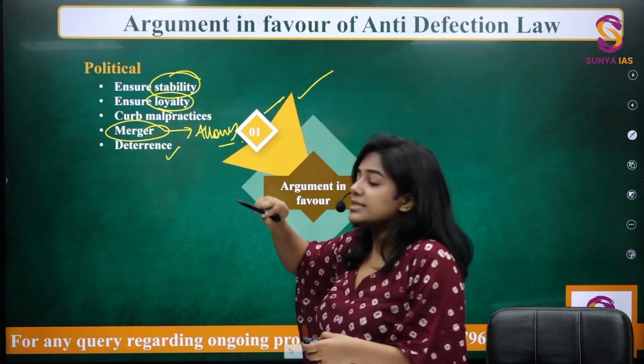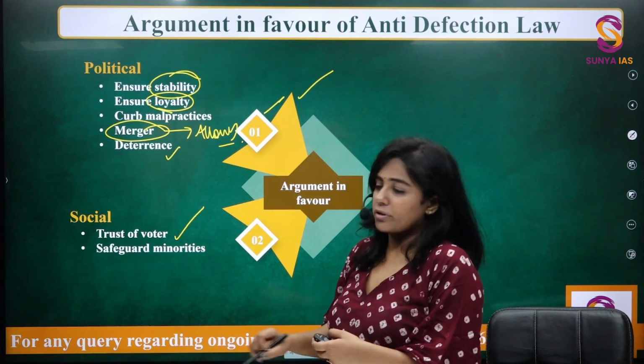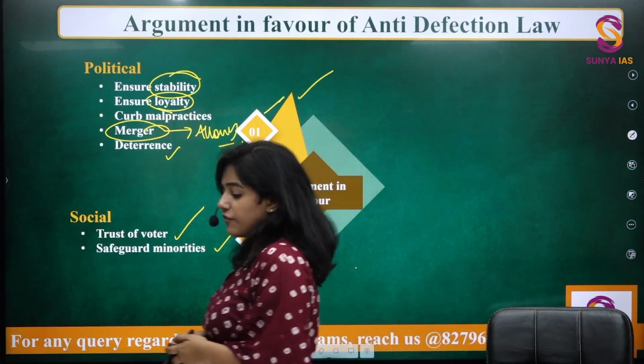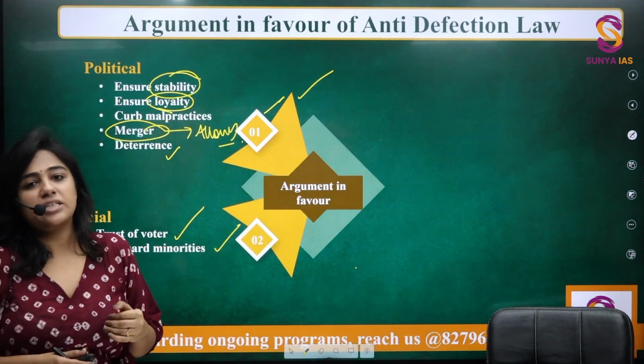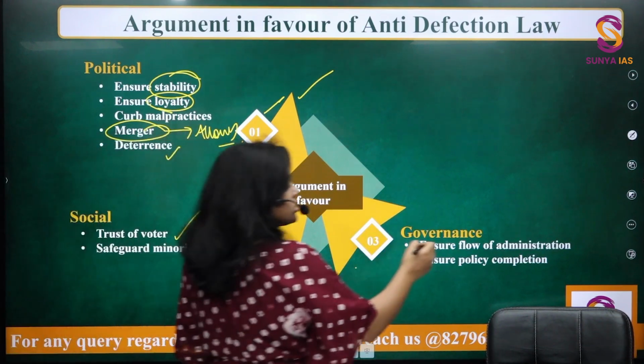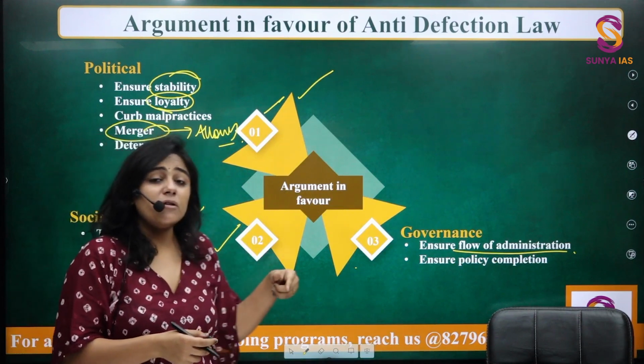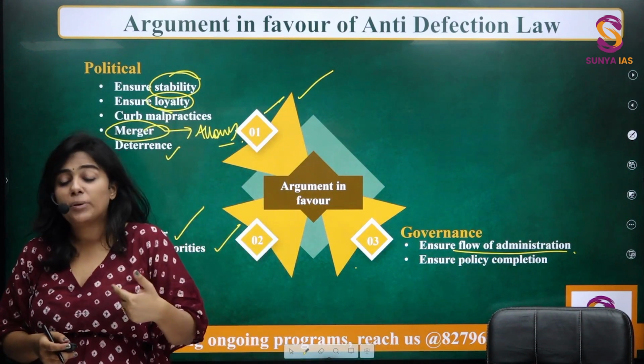Then it also creates a deterrence. It maintains the trust of the voter. It maintains the fact that minorities can be safeguarded, right? It ensures flow of administration because there will be deterrence. So people will not actually go beyond their limits.